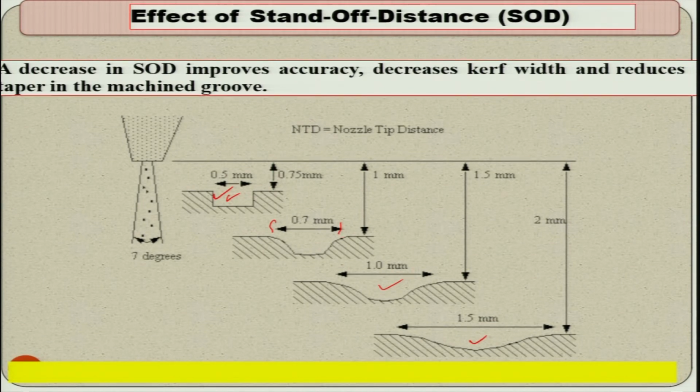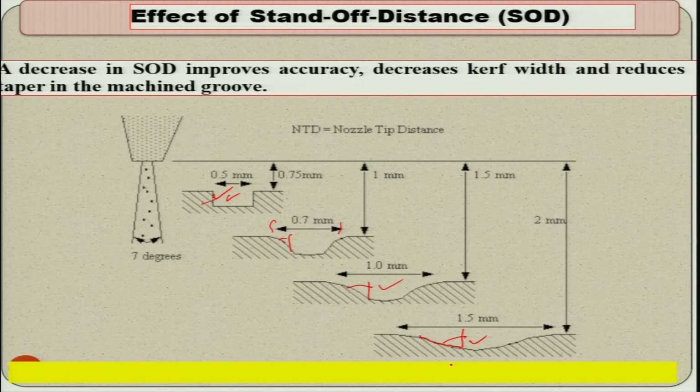So, as stand-off distance increases, kerf width increases. Now, it also reduces the taper. In this particular case you can see very small or almost no taper, but as stand-off distance increases, this is the taper angle. So, the taper is continuously increasing. Here taper is less, but it increases as stand-off distance increases.